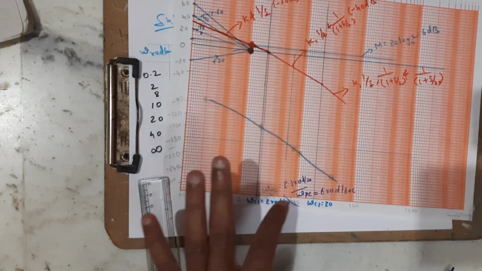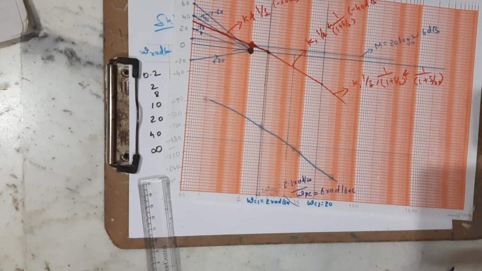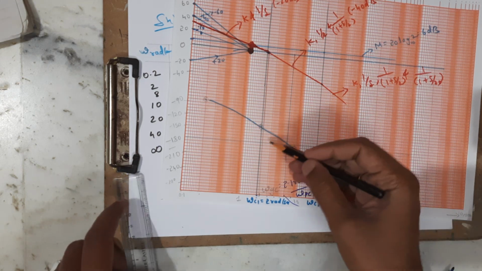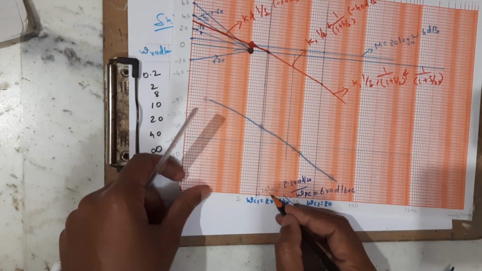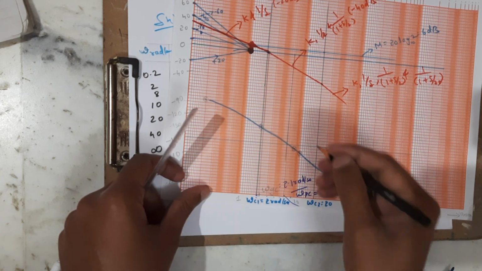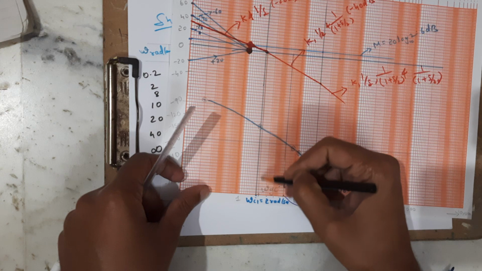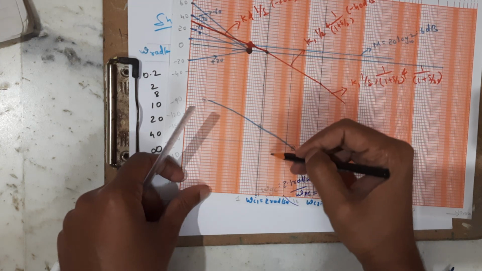Now omega gc is over and omega pc is over. So next is to find out the phase margin. What is the meaning of phase margin? See, for that we need to consider the omega gc. So this is the omega gc. I have drawn a vertical line from the omega gc.